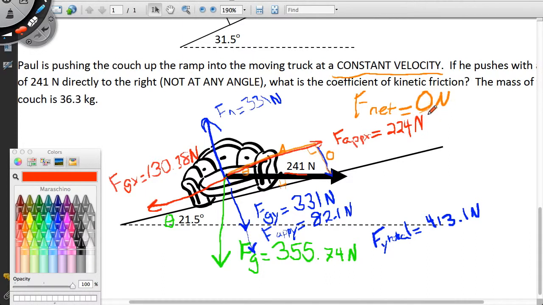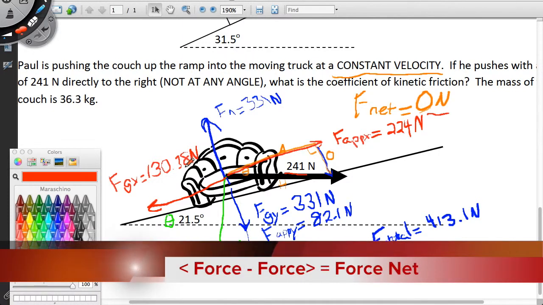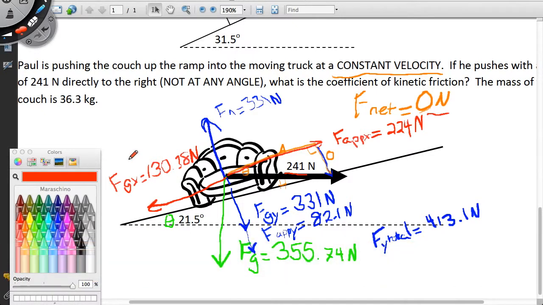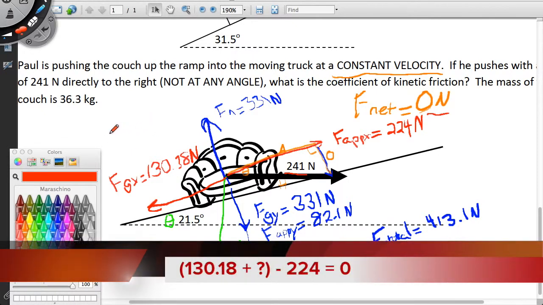If you remember before, it's moving at a constant velocity, which means that this has to be 0. So if this has to be 0, the opposing force has to match 224. So all I do is figure out the difference between 130.38 and 224, and think about where that is coming from. What else is creating that? It's what we mentioned before, our kinetic friction.